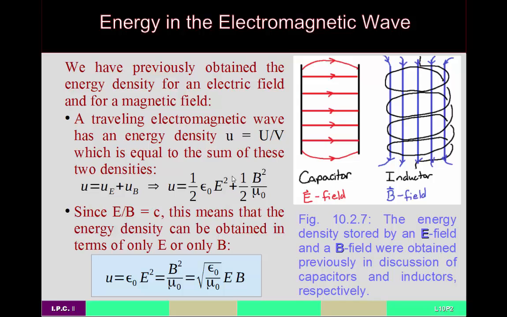And similarly, instead of substituting out E for B, you could substitute B for E, because B is going to be E over c.